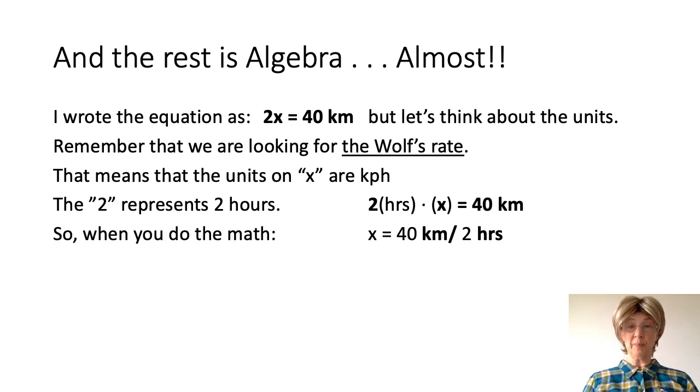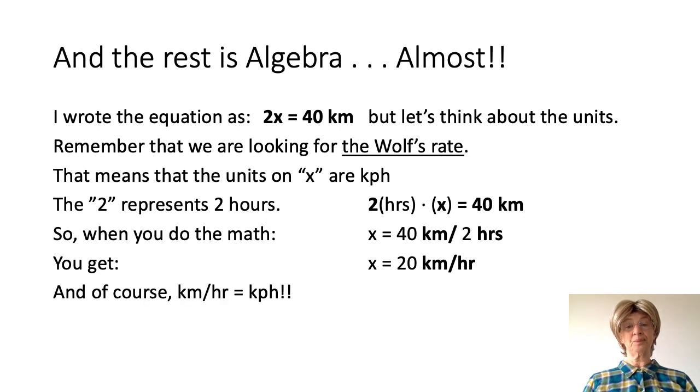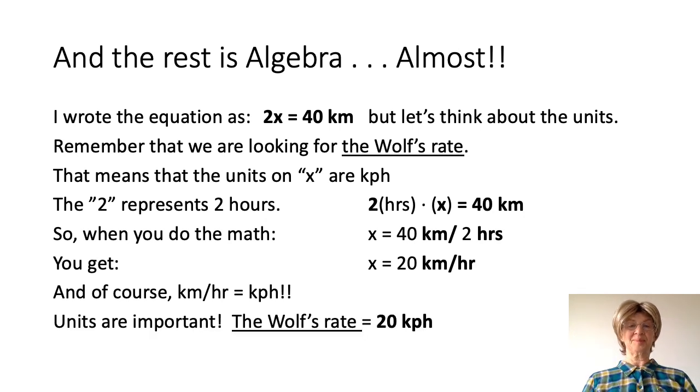And when you do the math, you have x equals 40 kilometers divided by 2 hours, and you get x equals 20 kilometers divided by hours. And of course, kilometers divided by hours is kph. Units are important. The wolf's rate is 20 kph.